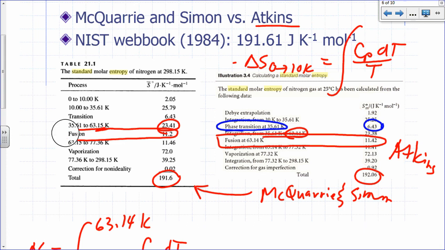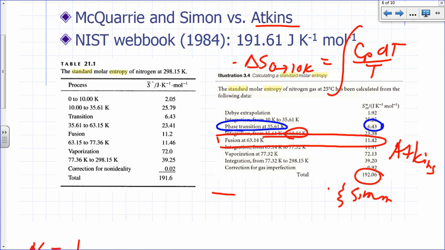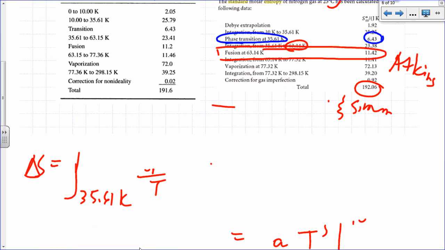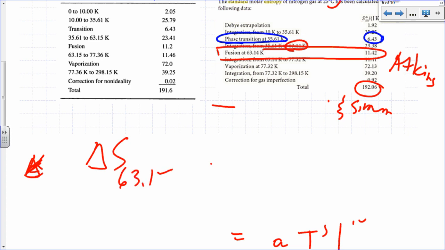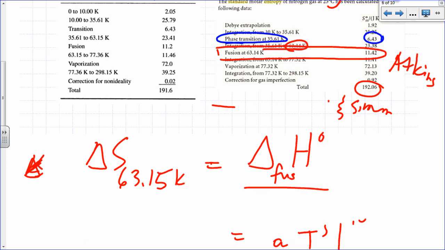After that, what happens? So at that point, what do you see? Delta S fusion. So the delta S according to this at 63.15 Kelvin is delta H fusion at that temperature divided by 63.15 Kelvin.